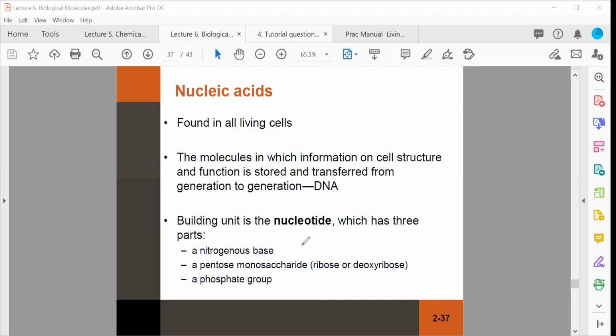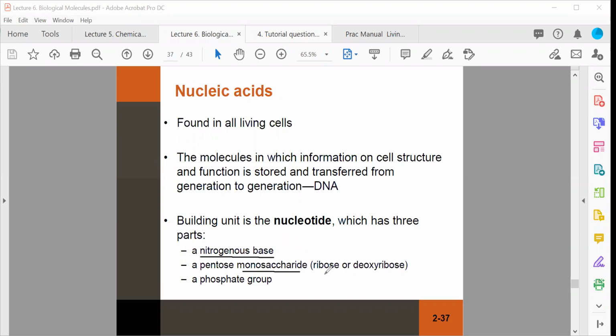All right, so what's the building block? What is the monomer of the nucleic acid, that is either DNA or RNA? The building block, the monomer unit, is the nucleotide. A nucleotide has 3 parts. It has a nitrogen-containing base, or a nitrogenous base. It has a monosaccharide, a sugar.